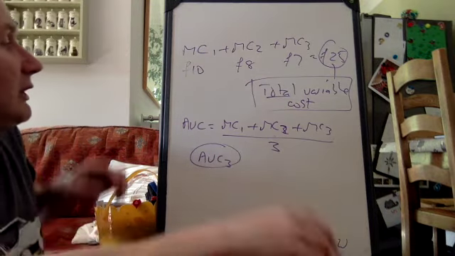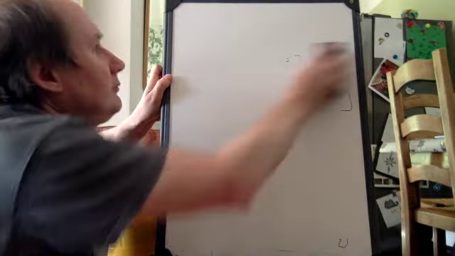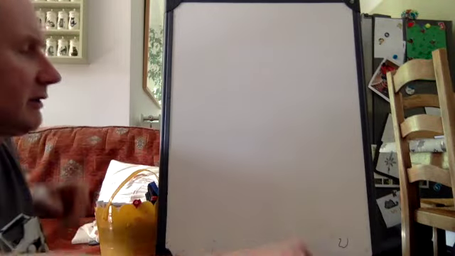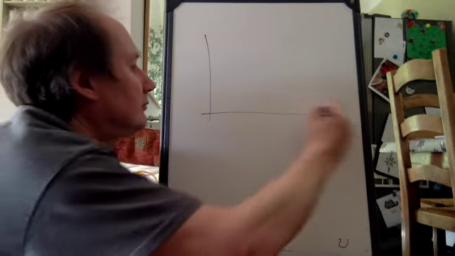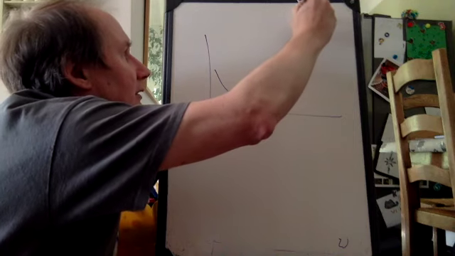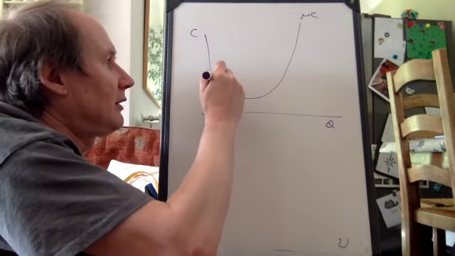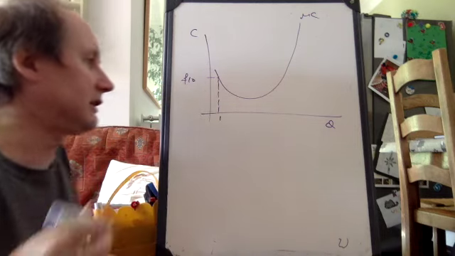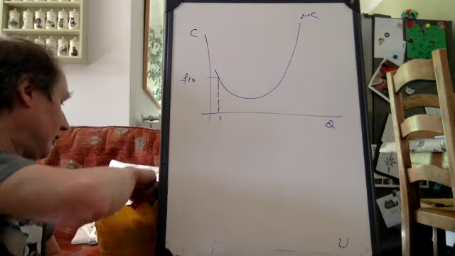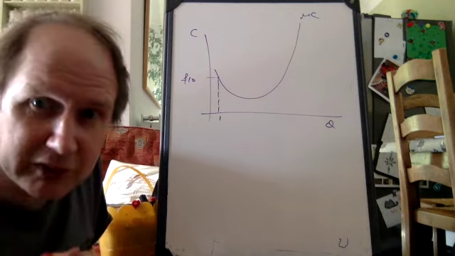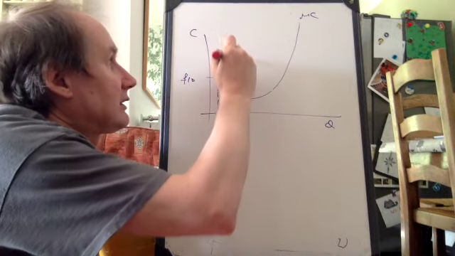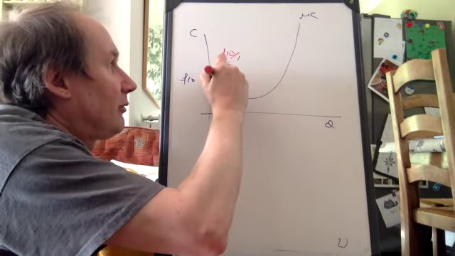If we look at what that looks like on a diagram, marginal cost is like that. Let's suppose that's the first unit there, and that costs £10. At that stage, my average variable cost is also £10, because it's £10 divided by 1.